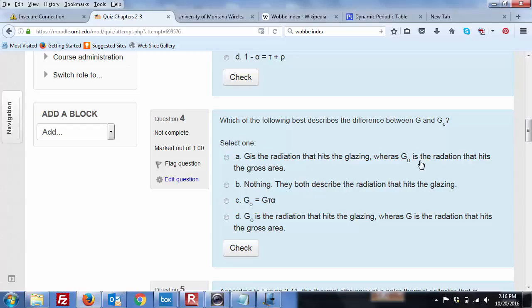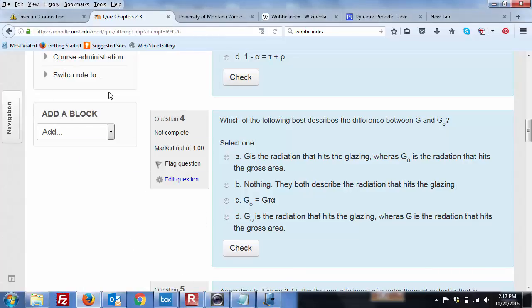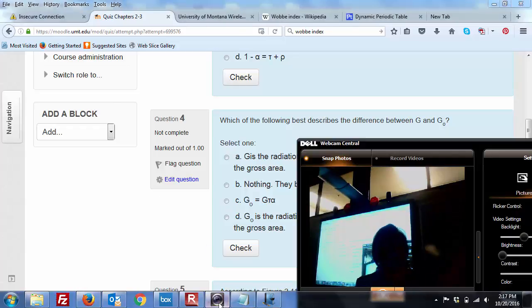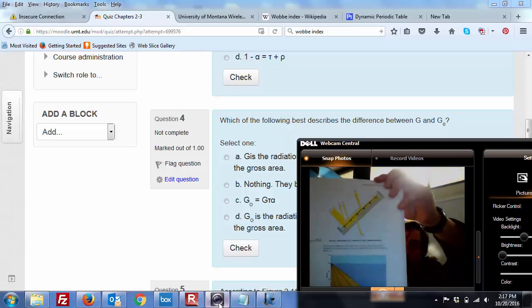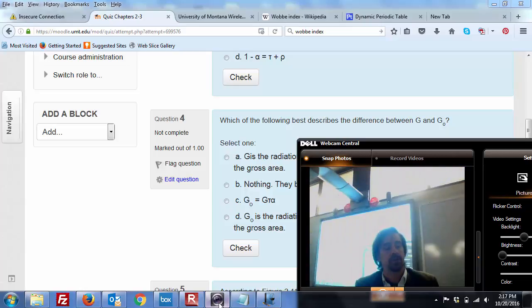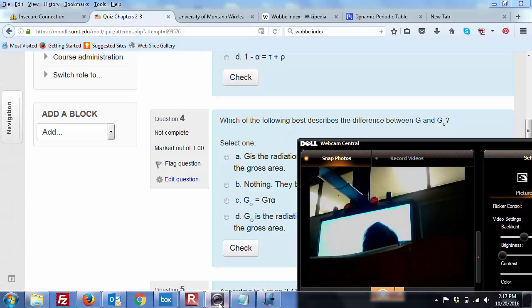Now, in the solar thermal book, there are these G's and G naughts. Let's just take a quick peek at that. So we actually have done this in class, and it's in the previous lectures. But here's the figure you're looking at to answer that one in the book. It's figure 210 on page 25. G naught is the total radiation coming in.